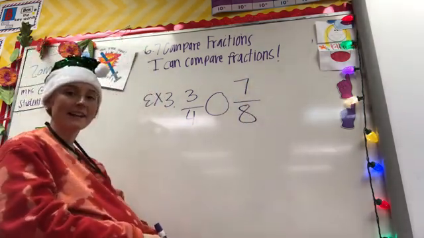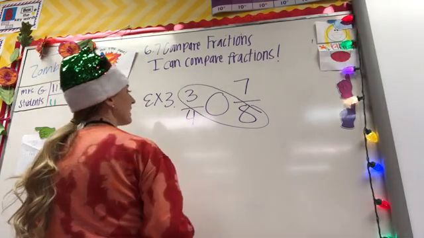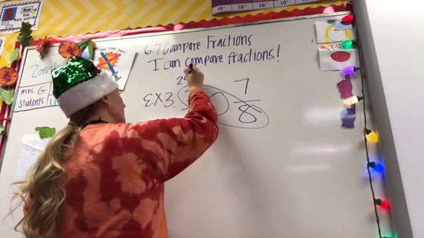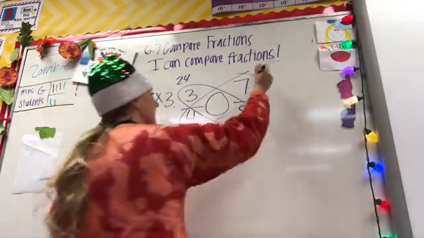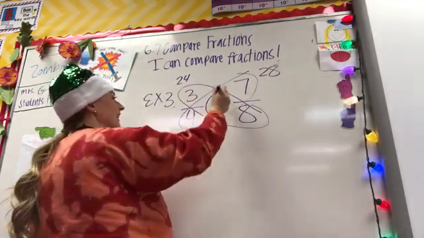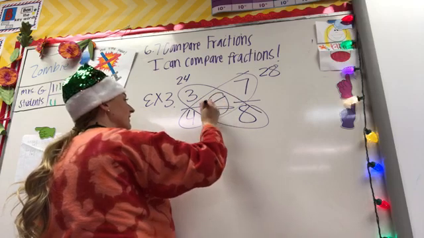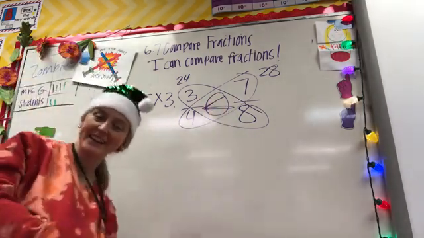All right, let's put our X's in. X this way. 3 times 8 is 24. X this way. 4 times 7 is 28. What's bigger? 24, 28, 28. So 7/8 is greater. Amazing, I know.